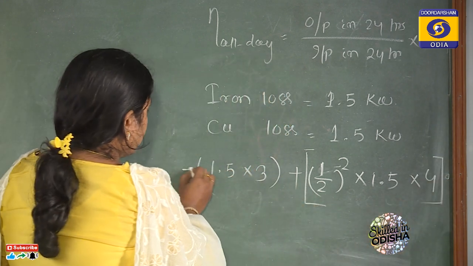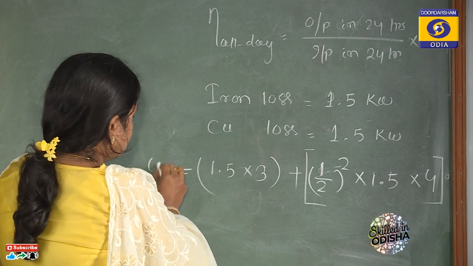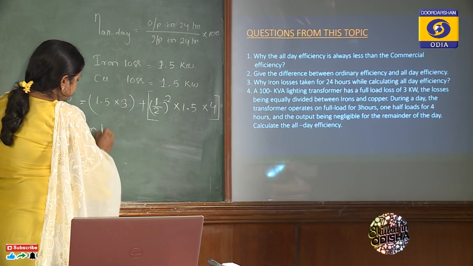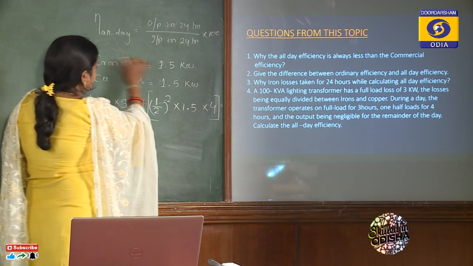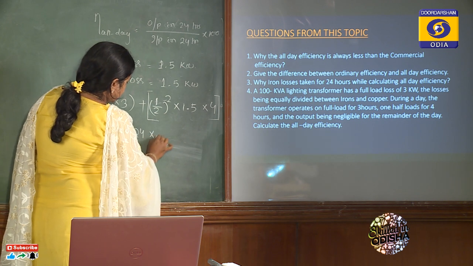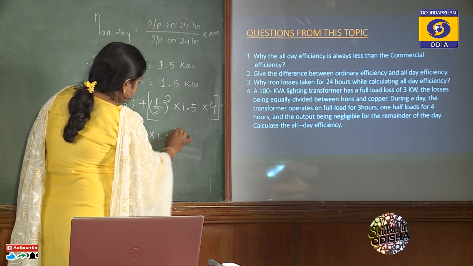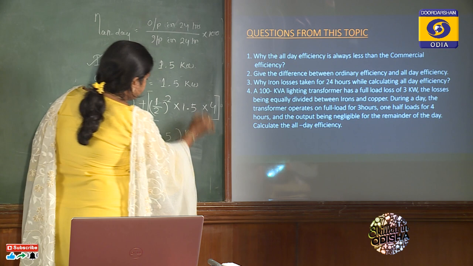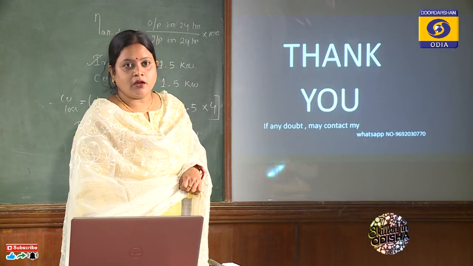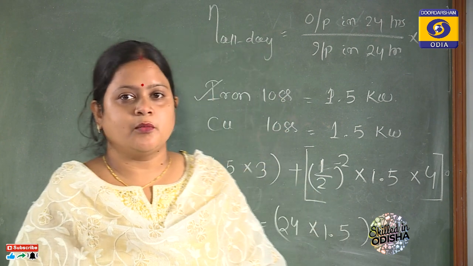This is the total copper loss. And iron loss as usual is given as 1.5 kilowatt, and it is for 24 hours, so 24 into 1.5 kilowatt. So like this we solve the efficiency of the transformer.